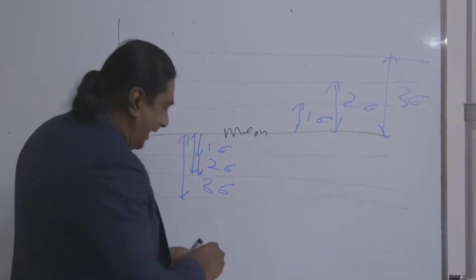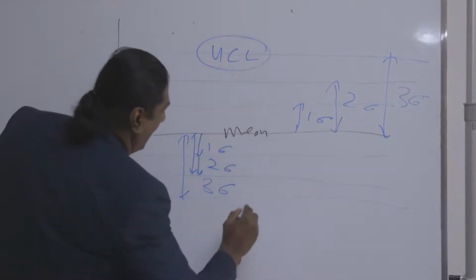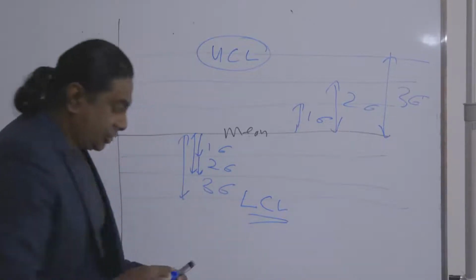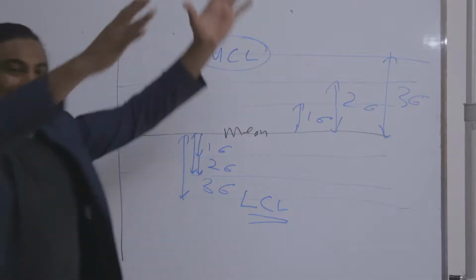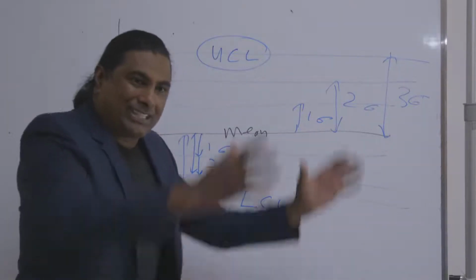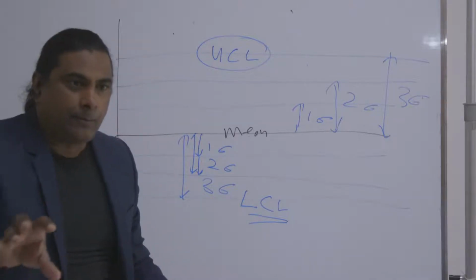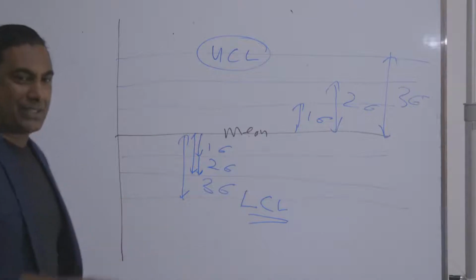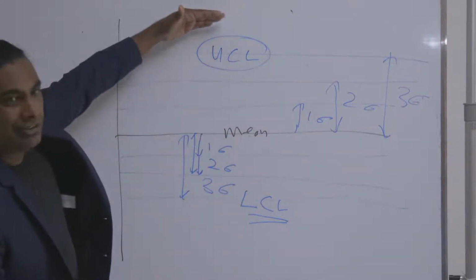We now have the upper control limit and we have the lower control limit. Okay? So we've taken the data set, we've calculated the mean and the standard deviation. We have now plotted the graph. We have developed this. So we know what the mean is. We know what's 3 standard deviations above.